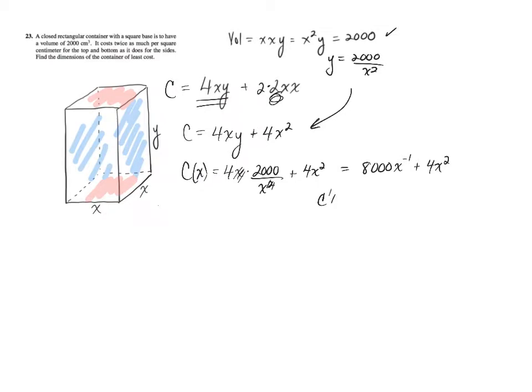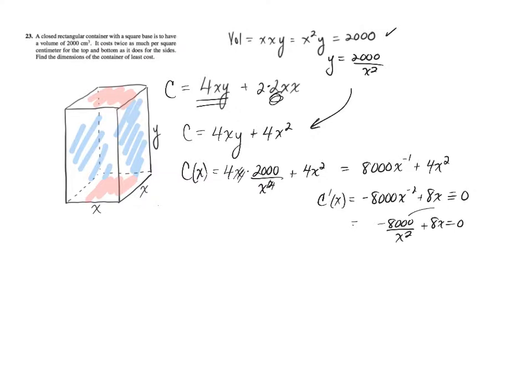So we'll say c prime is negative 8,000 x to the negative 2 plus 8x. And we're going to set that guy equal to 0. Again, realizing that negative 8,000 x to the negative 2 means negative 8,000 over x squared. We add 8x, and we're going to get 0.